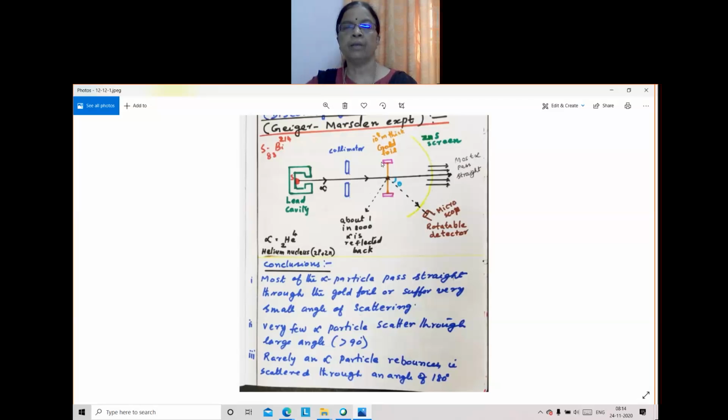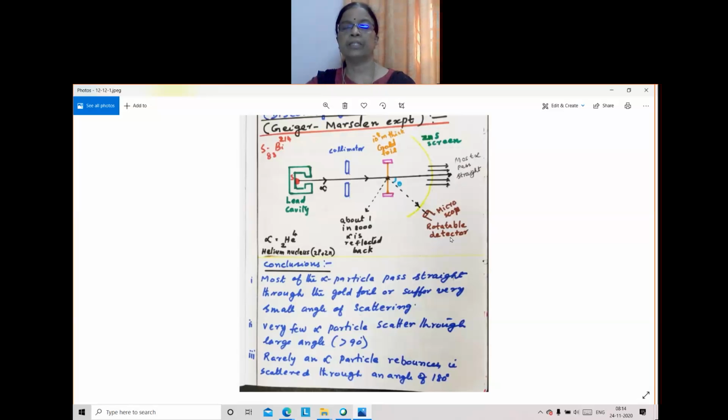From this gold foil, sometimes the rays reflect and come here, and sometimes they move to this side also. So in order to find that out, a rotatable detector is used. You can rotate it and find out the alpha particles passing through this screen.